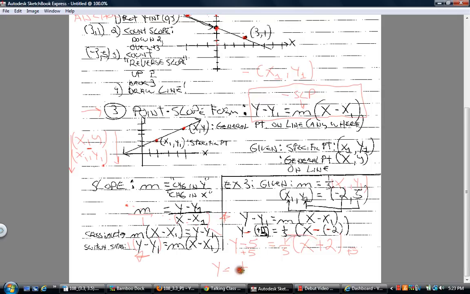So you'd have 1/3 x plus, oh, that's a 3, excuse me, that's 1/3, I apologize. 1/3 x plus 2/3 plus 5. Okay, now then your final answer would be 2/3 plus 5. Sorry, I ran out of room here. I'd write y equals 1/3 x plus 5 2/3.